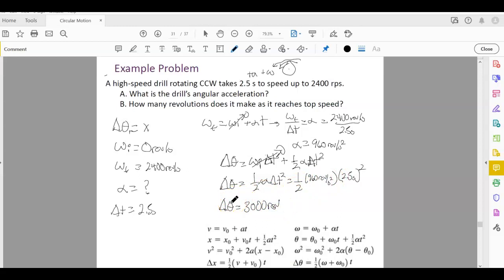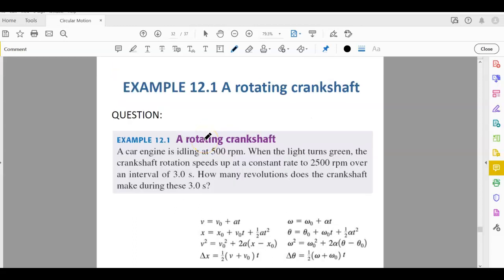These are the typical kind of problems that you're going to have to do for this chapter. Now, Knight does a similar type of problem, except this problem starts out with an initial rotational velocity, angular velocity.